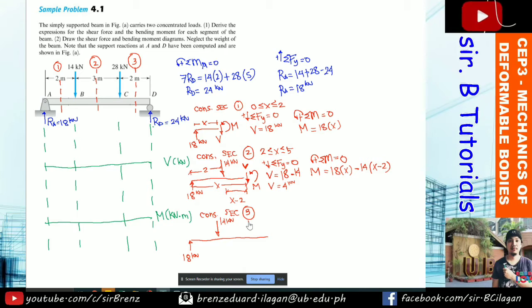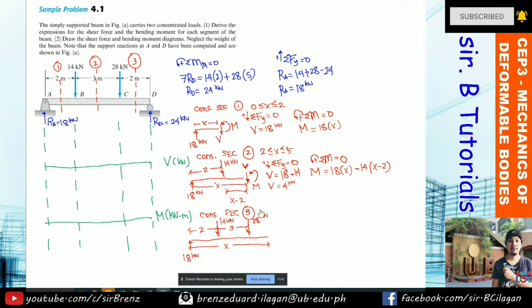And somewhere here, meron ka na 28 kilonewton. So given yung mga distances niya, again, ito ang distance na to, coming from the left support hanggang doon sa section na pinutol mo. That is always distance x. And then ito, this is 2. And then yung gitna nila, so this is 3. Okay?